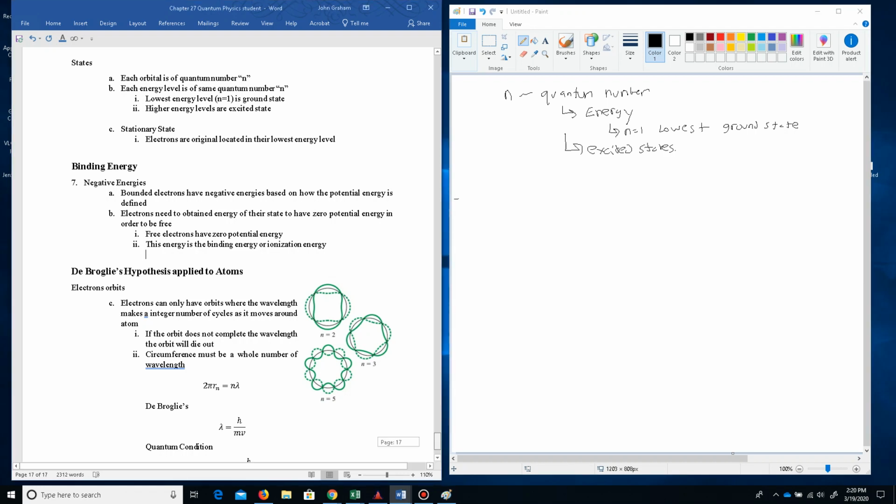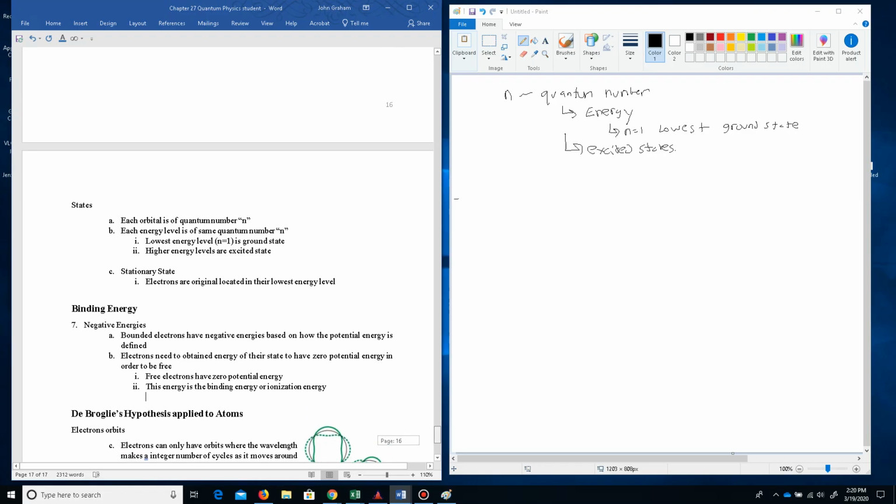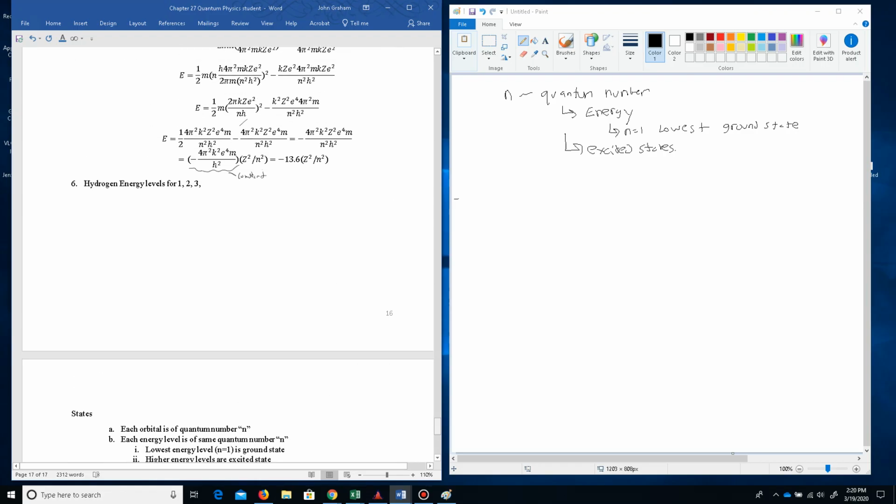And you may have noticed, I wonder why, but we see that this energy is negative 13.6 times Z squared over n squared. N is always positive. Z is the number of protons. That's always positive. And so, these electrons always have what's considered a negative energy.